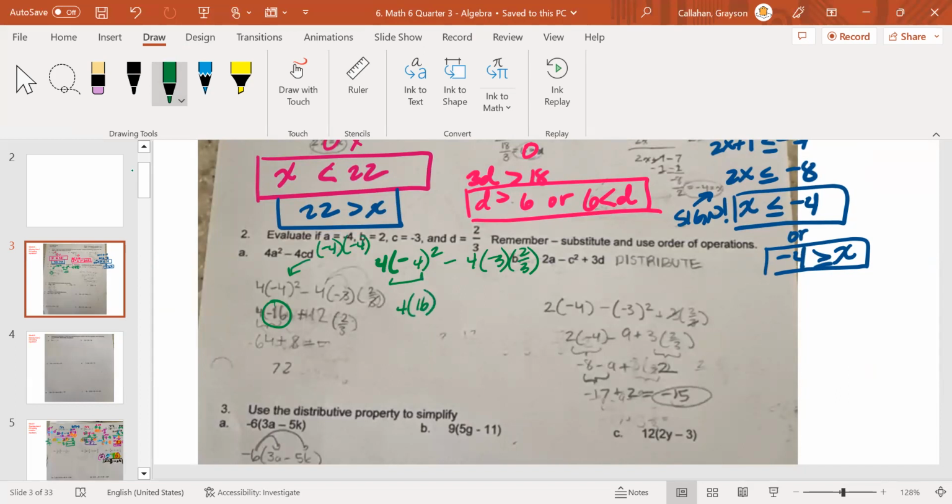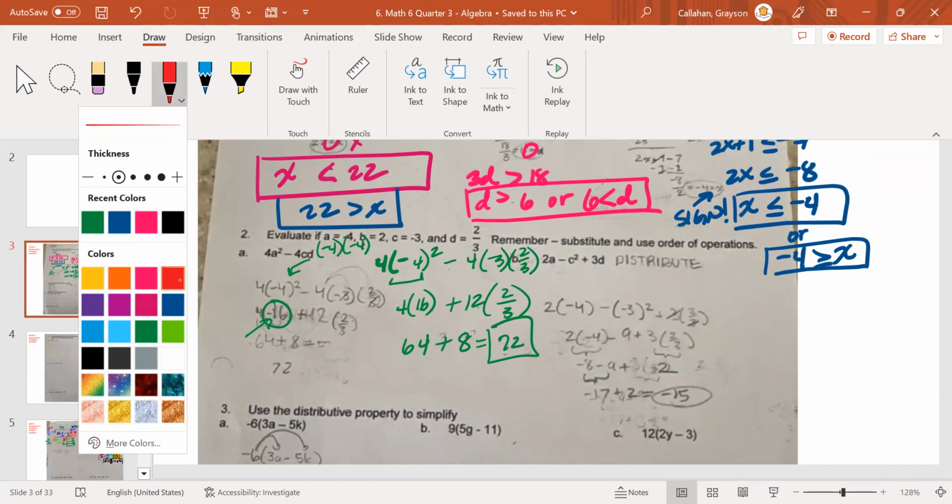Do you see that? Okay, -4 times -3 is a positive 12. 16 times 4 is 64. 12 times 2 is 24. What is 24 divided by 3? 8. So your answer should be 72. You got 72, but this is wrong. Do you see that? Okay.